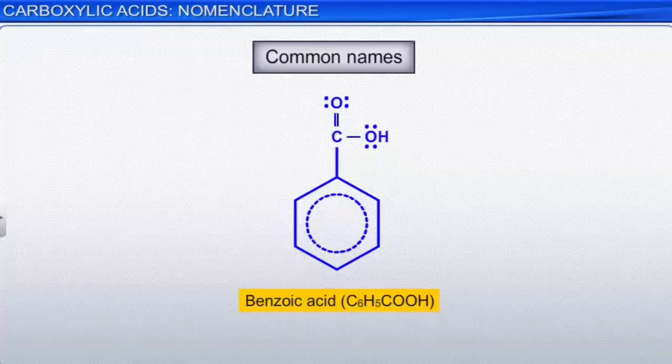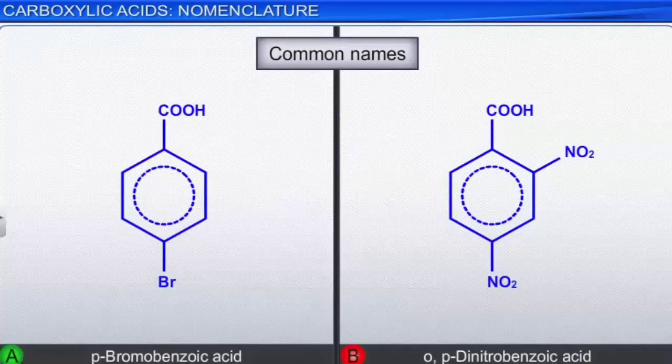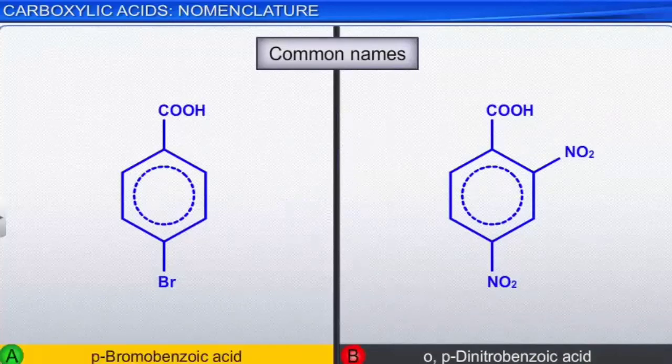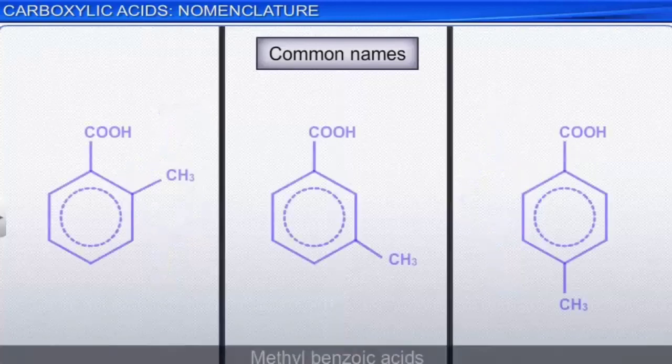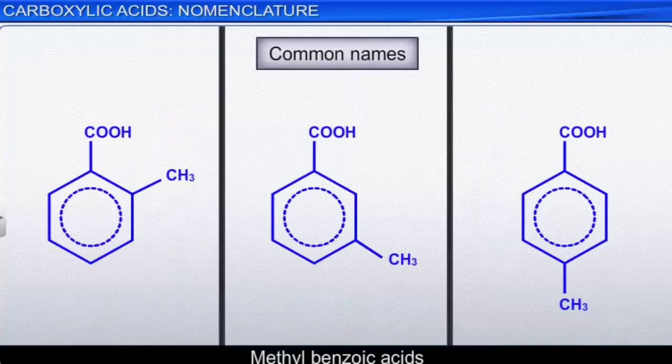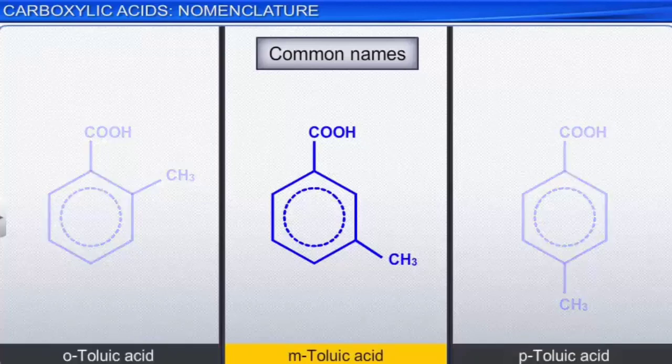For example, compounds A and B shown here are named para-bromobenzoic acid and ortho-para-dinitrobenzoic acid respectively. Methyl benzoic acids are given the special names of toluic acids. For example, the compound shown here is named metatoluic acid.